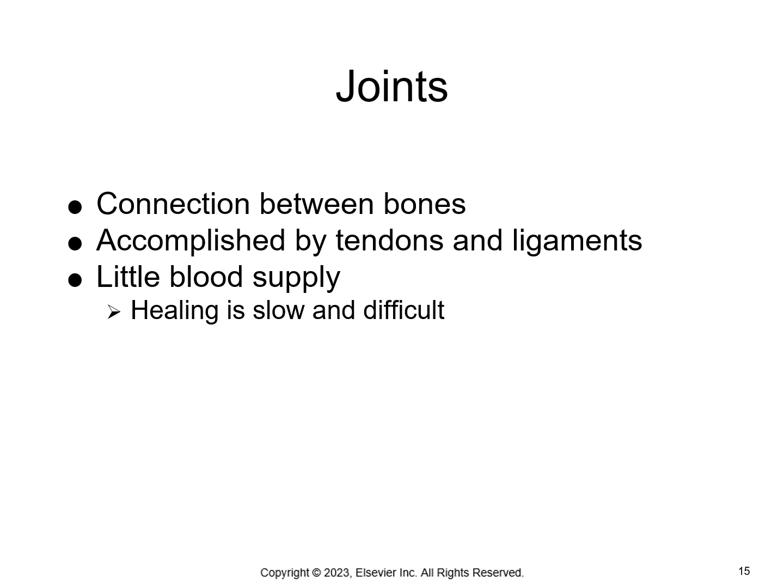Ligaments help connect the bones together. Tendons are another type of tough connective tissue. On each side of the joint, they attach to the muscles to control the movement of the joint. Tendons connect the muscle to the bone. Tendons and ligaments have little blood supply, so it takes a long time for either one of these to heal. It can be slow and difficult.